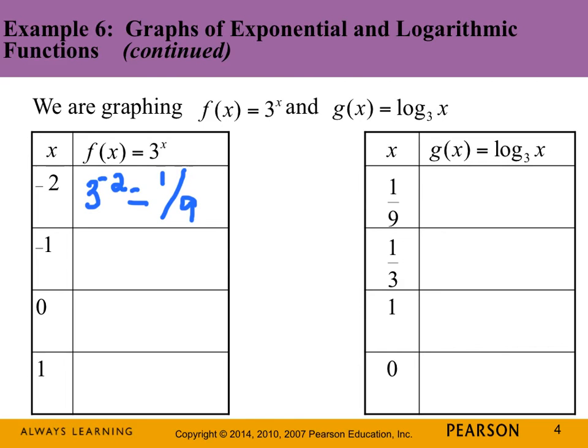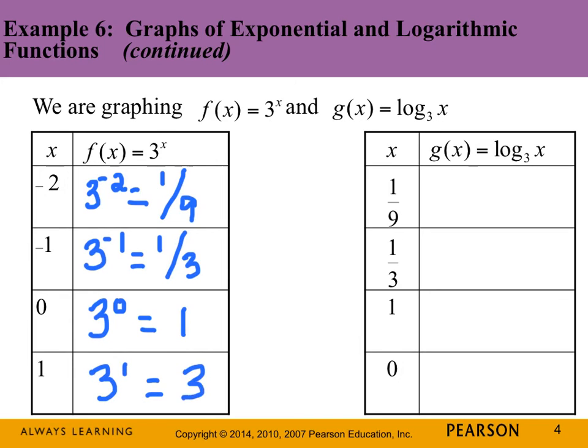So when x is -2, y is 1/9. Next we'll have 3 raised to the -1st power. That's the same as 1 over 3 to the 1st power, which is 1/3. And then we have 3 raised to the 0 power, which is 1. And finally 3 to the 1st power, which is 3.